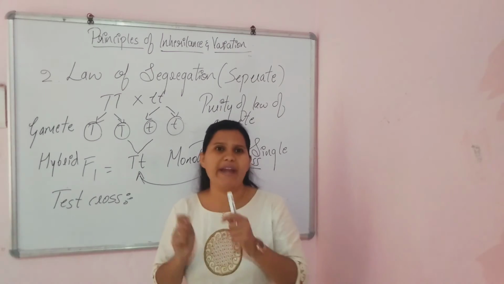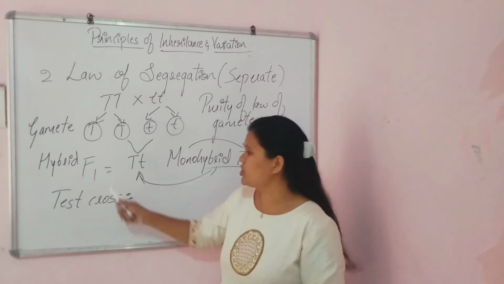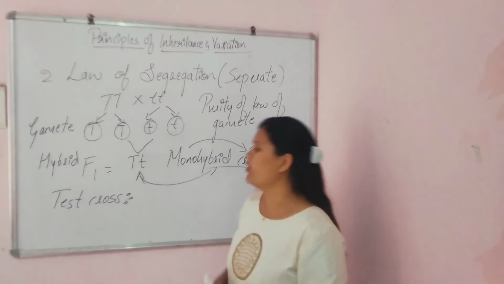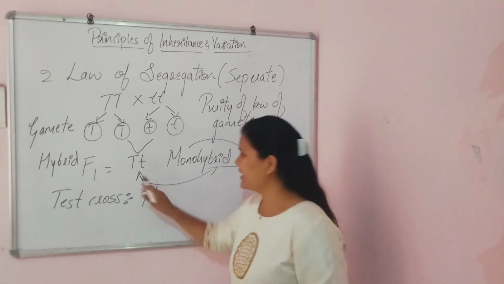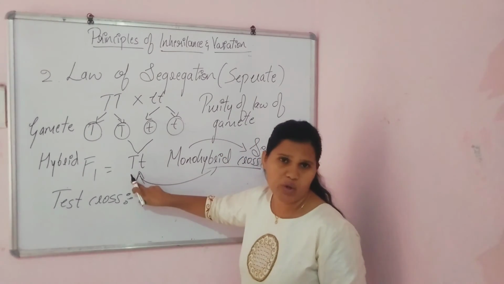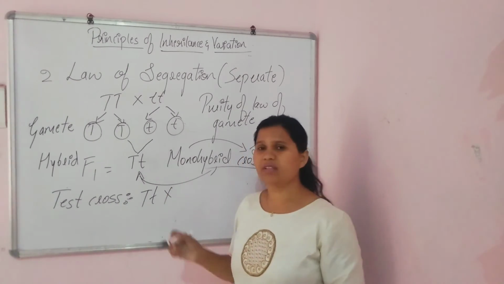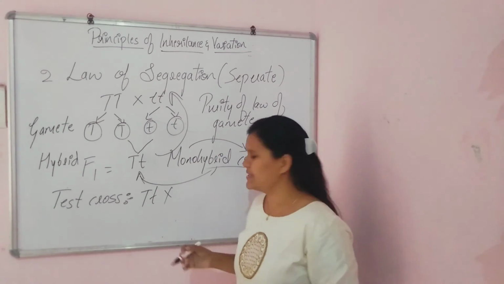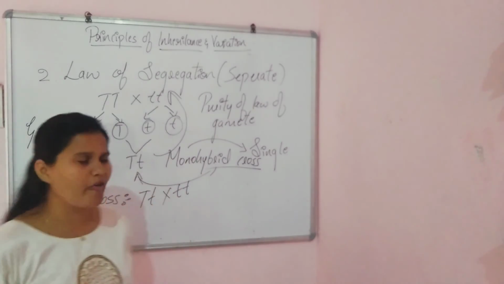So in order to identify whether the F1 offspring is homozygous or heterozygous, in a test cross we take this F1 offspring, the heterozygous tall, and cross it with its parent, that is the recessive trait. Which is the recessive trait here? The dwarf plant.